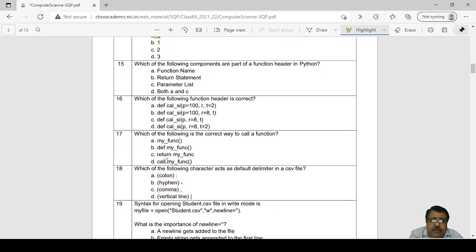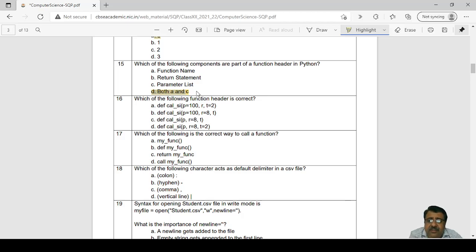Which of the following components are part of a function header in Python? Answer is both A and C. Now in this type of question, you should be looking for this kind of option where both or none is given. So that also you have to consider.